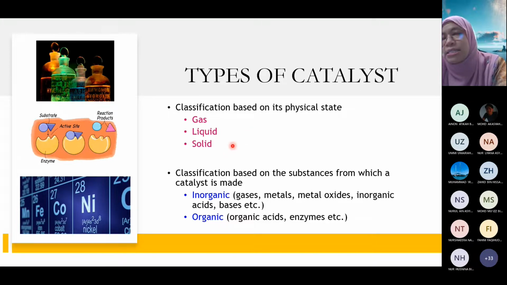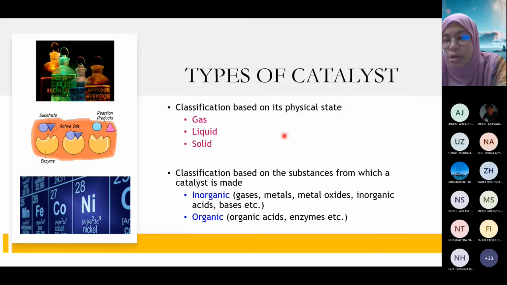So we call it a homogeneous reaction. So it is not necessarily that when a solid catalyst reacts with liquid, the reaction occurs as heterogeneous. The reaction can become homogeneous when the solid catalyst dissolves in the liquid phase.